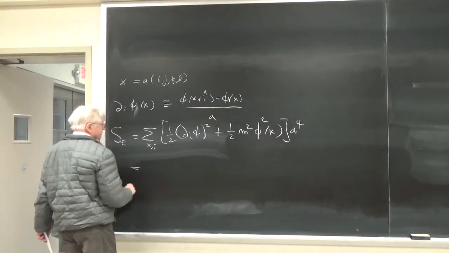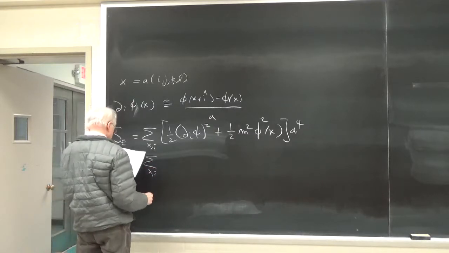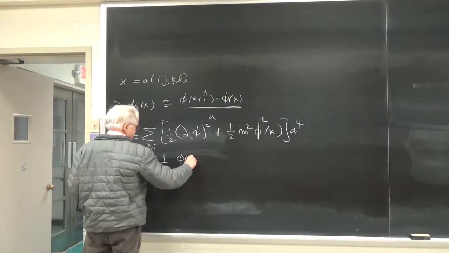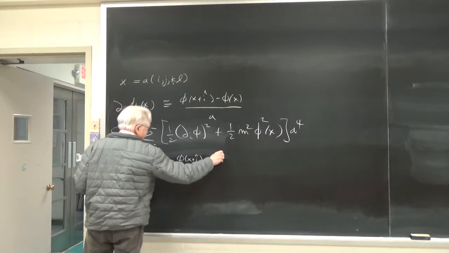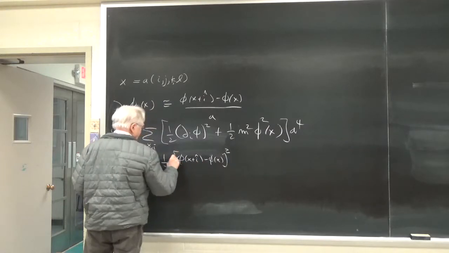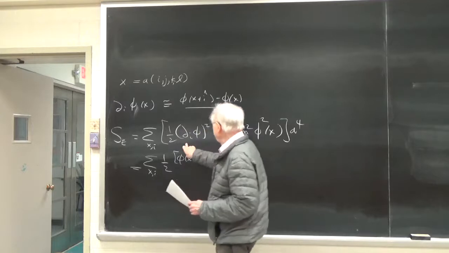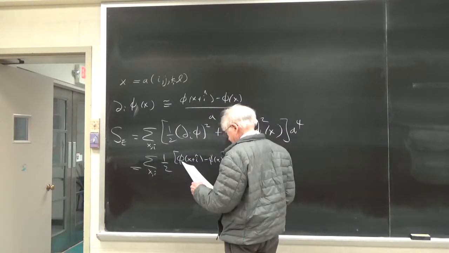So this would be a sum over x and i, and this then is 1/2 (phi of x plus i hat minus phi of x) squared, and then there's an a squared and a to the 4th, so this is just a squared.